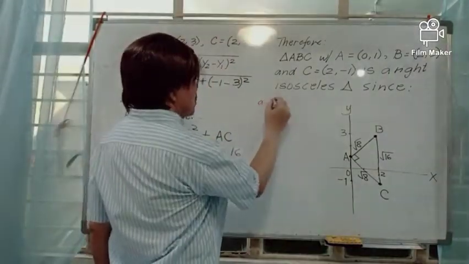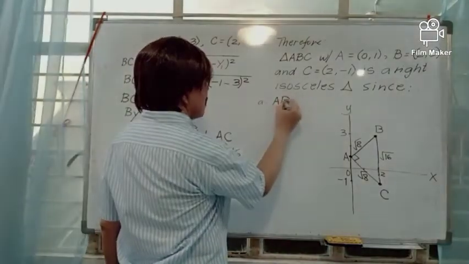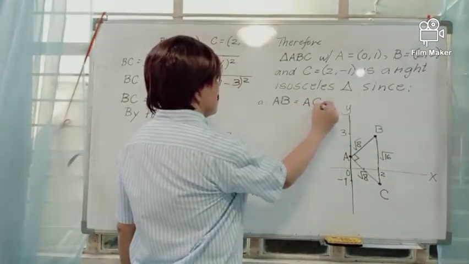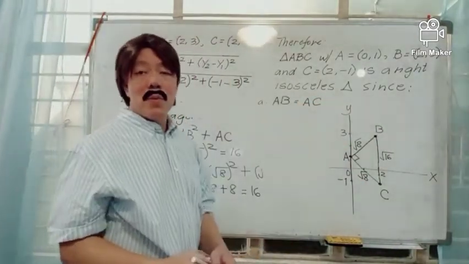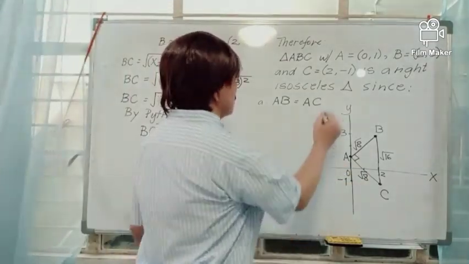The first property, the distance between A and B is equal to the distance between A and C. That is, two of the three sides of this triangle are congruent.